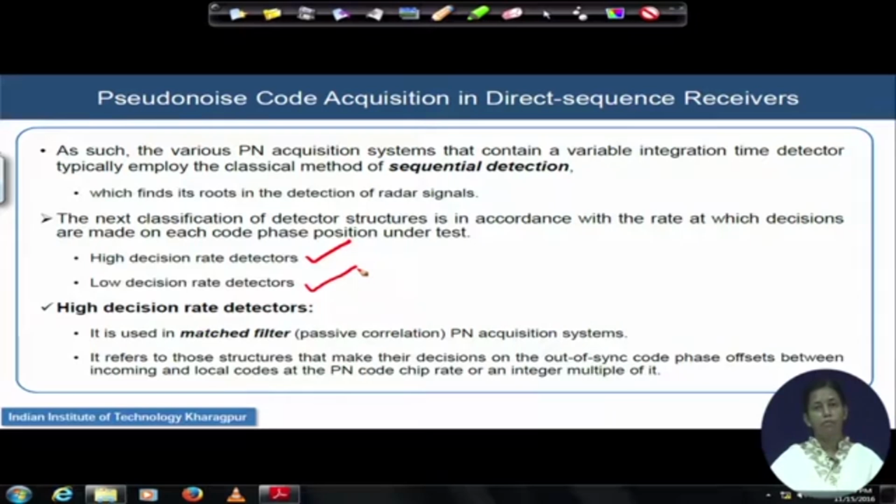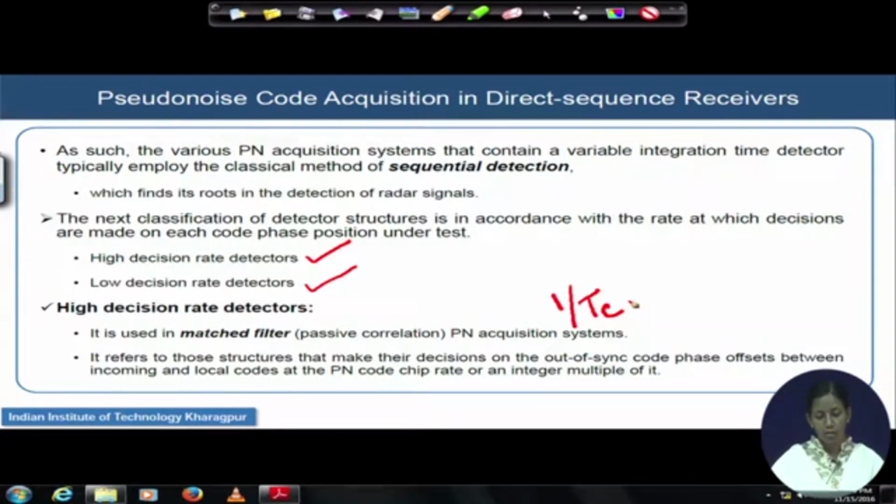Remember, when we talk about the high decision rate detectors, they are basically the passive matched filter based correlator architecture that we find in practice, where the decision is made at the rate of the chip rate. So, within a chip duration, the decision is done.